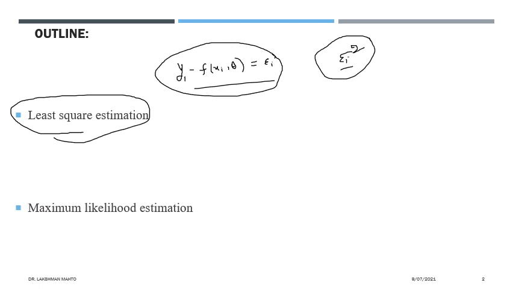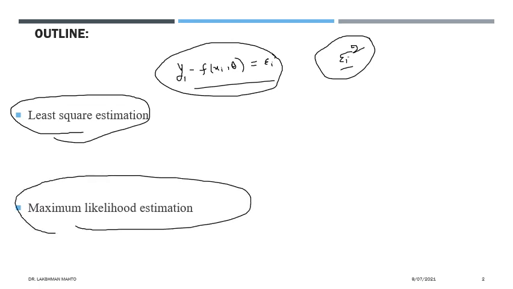And then after this I will talk about maximum likelihood estimation. Here we assume that data is coming from some kind of distribution, and we put a condition that the source distribution might come from some class of distribution functions, and that class of distribution functions we try to parameterize again by theta.